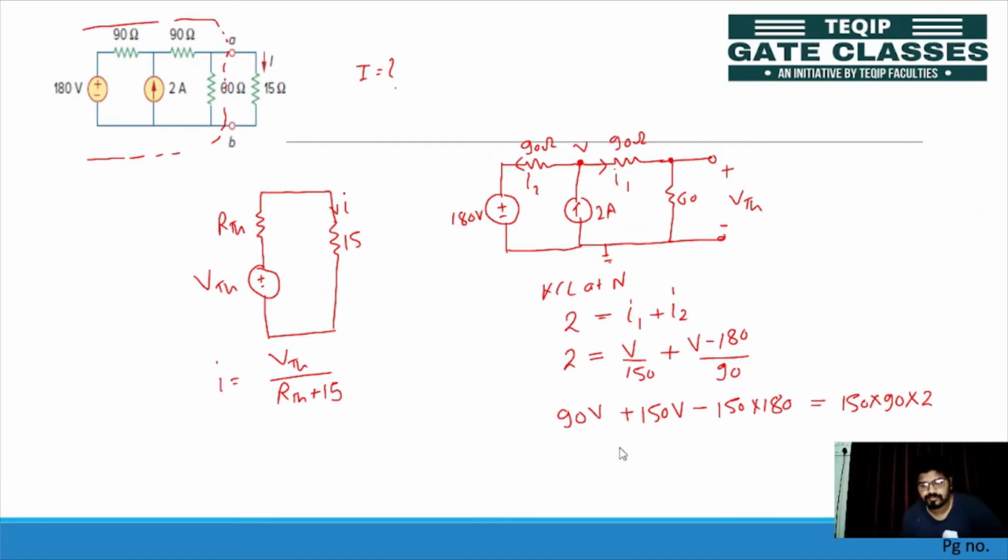So what will you get? 240 V is equal to 300 into 180 again, and V will be equal to 300 into 180 divided by 240.